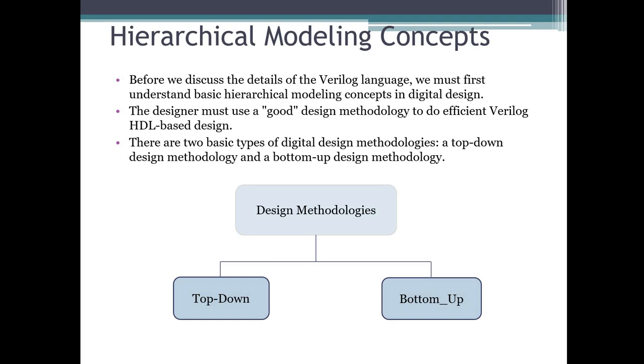So suppose you are creating, in this example, you can design your code with two approaches. First, you create one full header where you instantiate your two half headers, and then again you instantiate your gates inside the half headers.